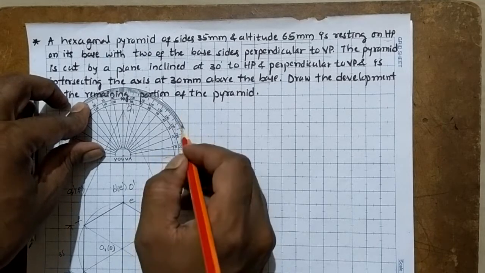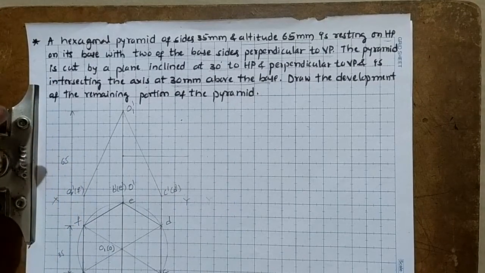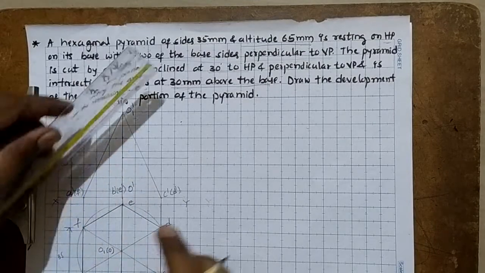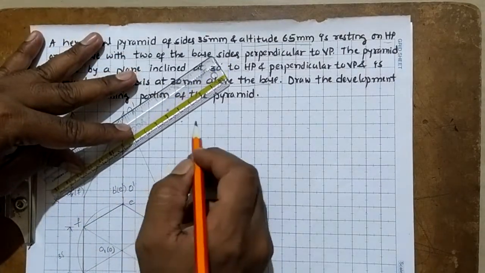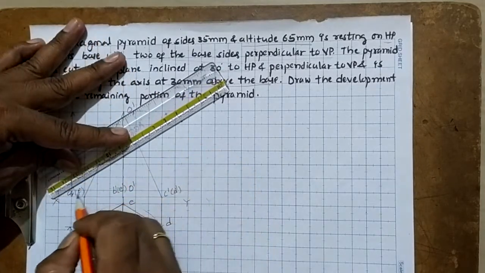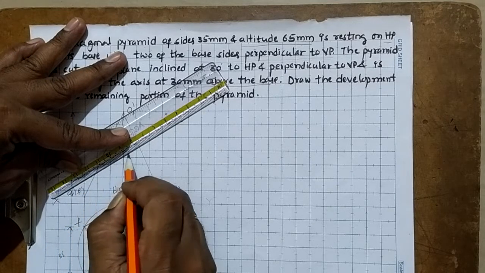On this side you measure 30 degrees. We know how to represent the section plane, that is the chain type line, with alternate long and short dashes.